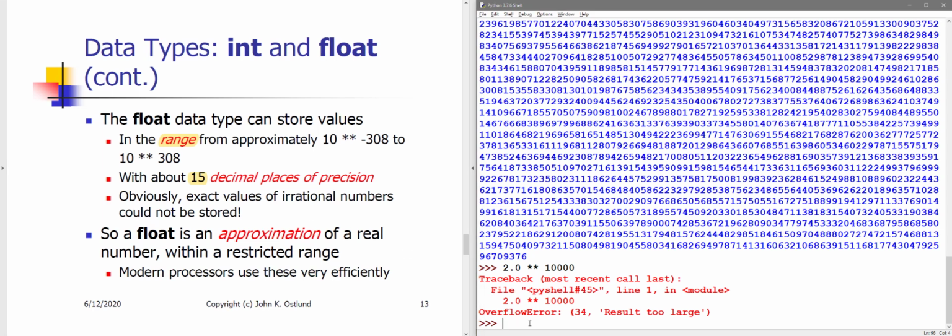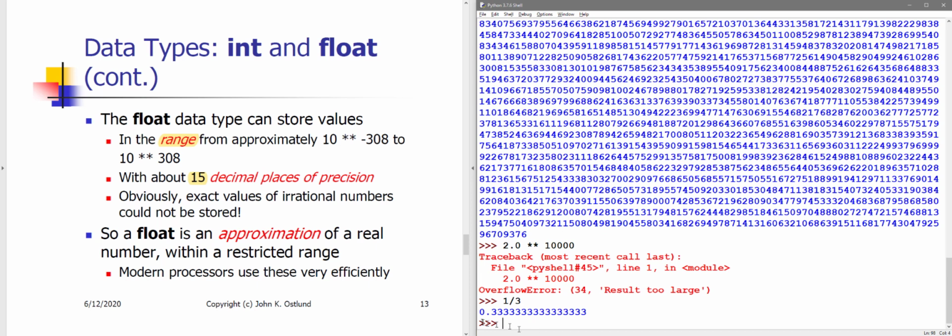For example, if I compute a number like 1/3, 1 and 3 are both integers, but the division there is going to produce a float, which will be 0.333 and so forth. Now the 3 ought to be a repeating decimal place, but it can only be displayed out to a certain number of positions.